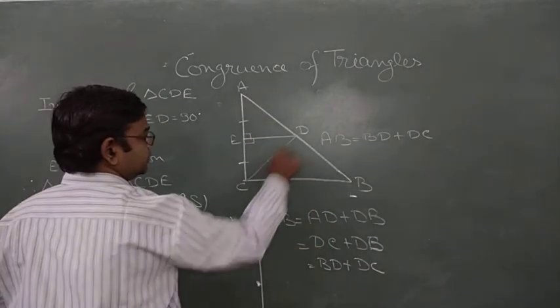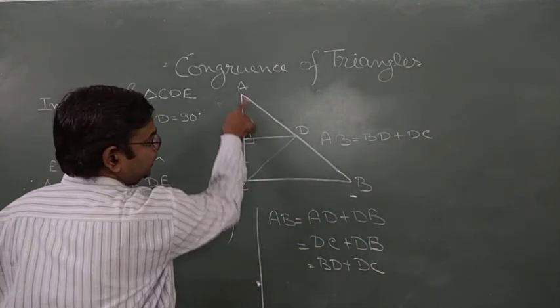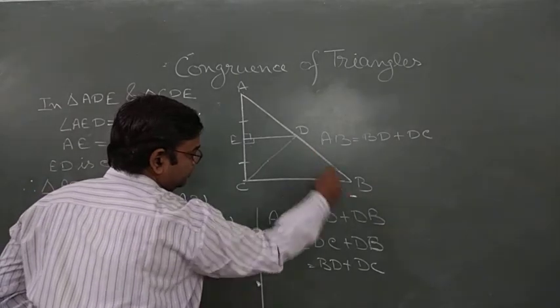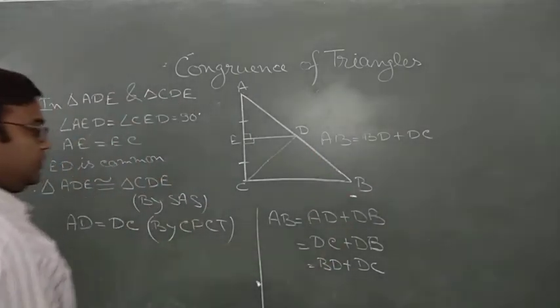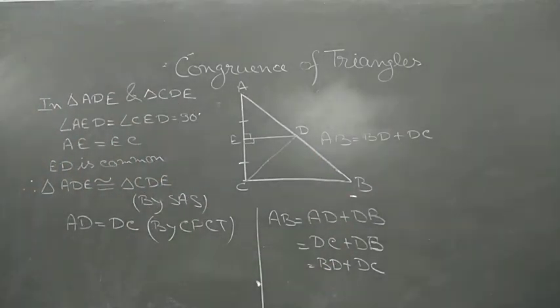This DC means this one, and this AD means DB or BD, whatever it is, same. So we can prove this one.